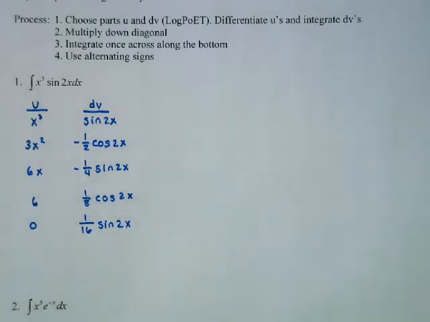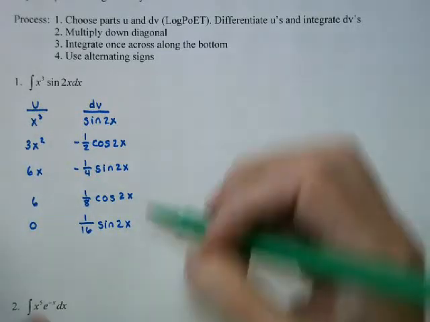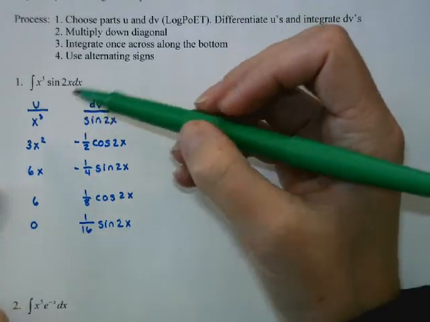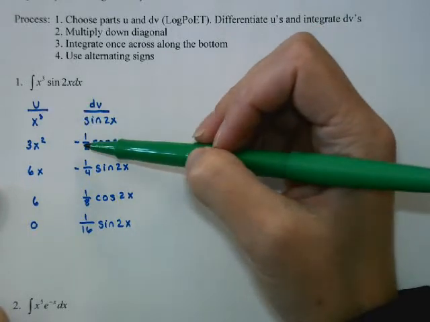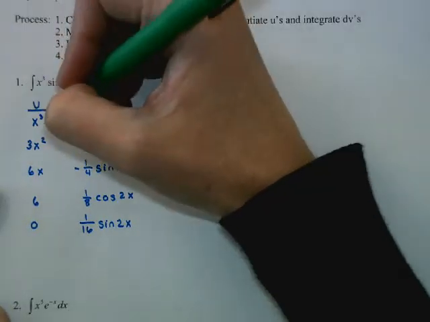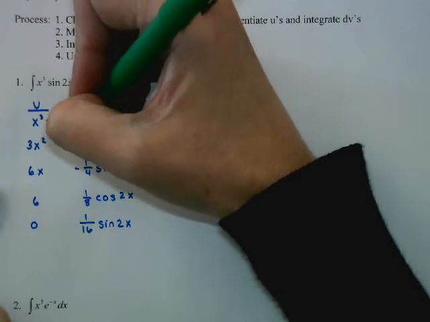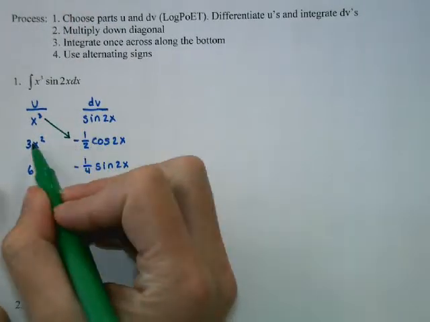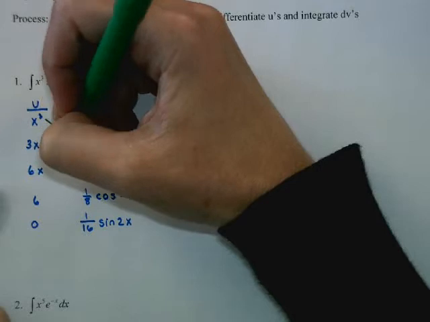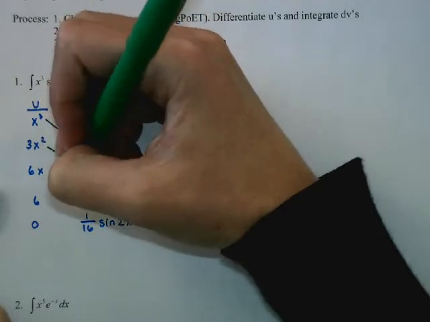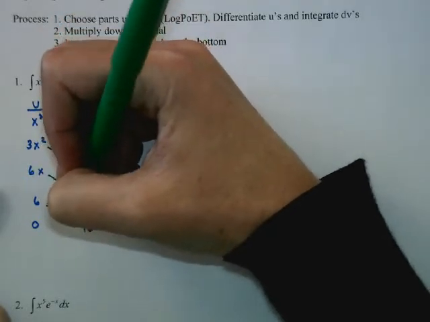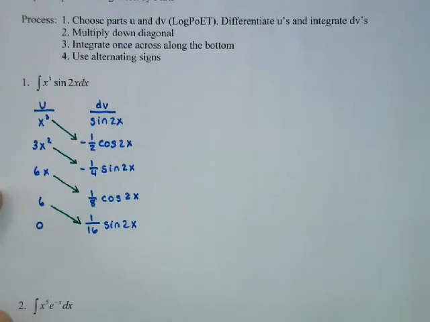Alright, then we're going to draw some diagonal lines. So you're going to start, because remember the integration by parts is uv minus v du. So right here, this is my u, that's v, this is v du, but we're going to keep going till we get to the bottom.